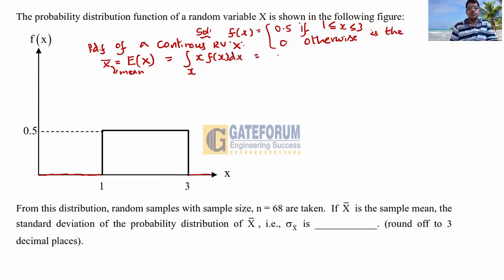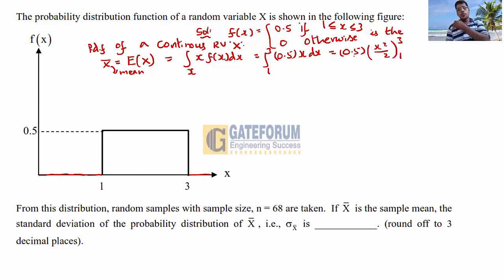So that means 0.5 times x dx, where the 0.5 function has x values lying between 1 to 3. So 0.5 is a multiplication constant, into the integration of x with respect to x, which is x square by 2, between the limits 1 to 3. So 0.5 is 1 by 2, this is 1 by 4, 3 square minus 1, so this is 9 minus 1, 8 by 4 is 2.